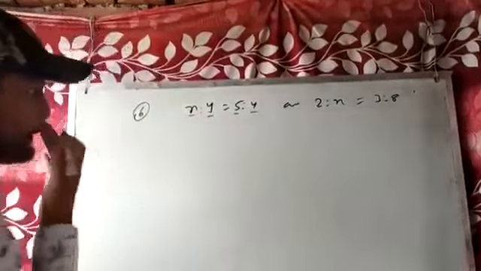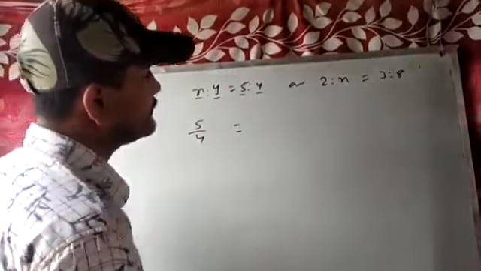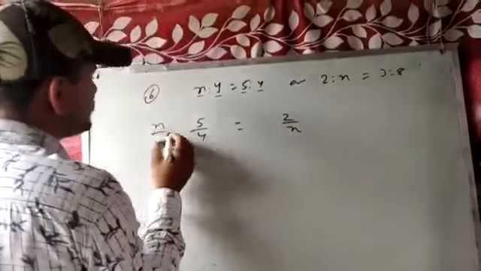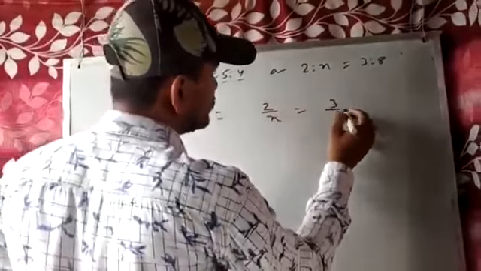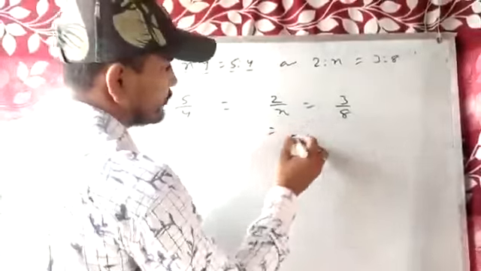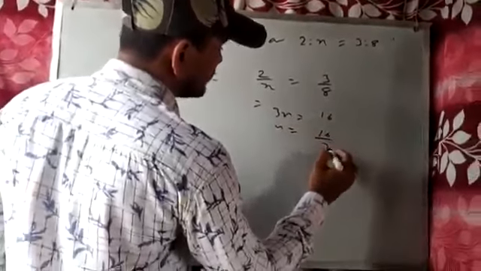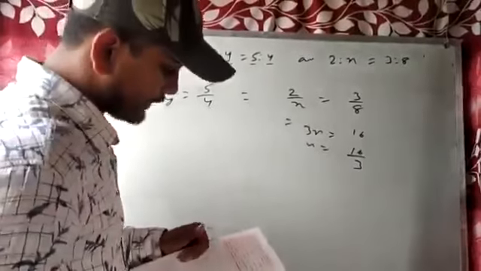You know, x by y is equal to 5 is to 4 and 2 by x is equal to 3 by 8. Okay. Now, what we can do here, 3x is equal to 16, the value of x is equal to 16 by 3. Okay.